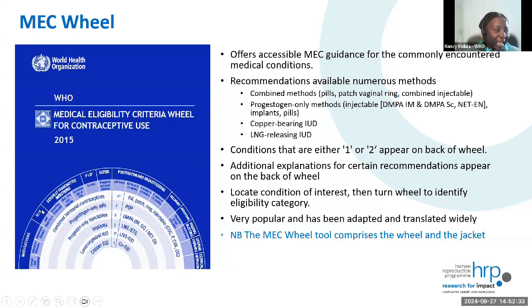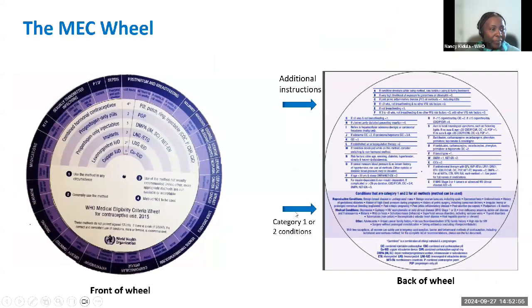The conditions are here on the outermost perimeter, and the next one is the sub conditions, and then you have the contraceptive methods, and then you have the categorization that you will see in the small window of the smaller wheel. So this is what it looks like.